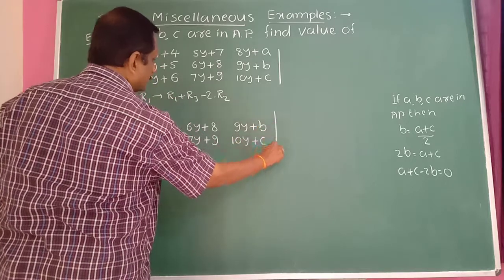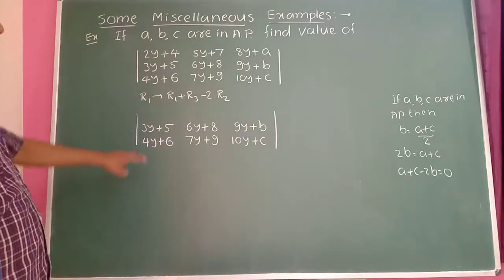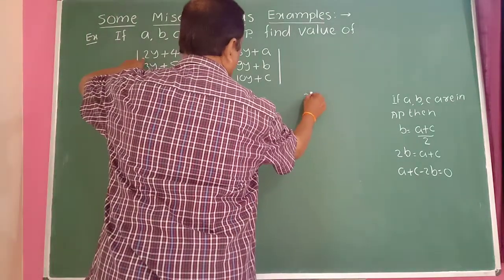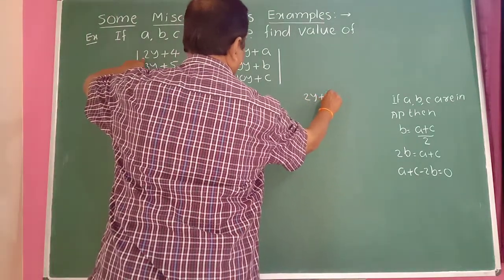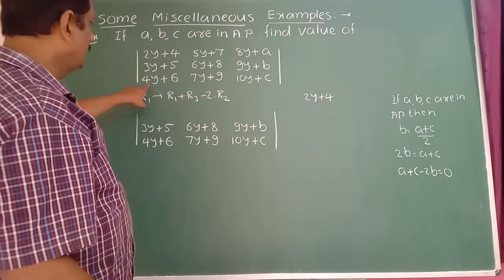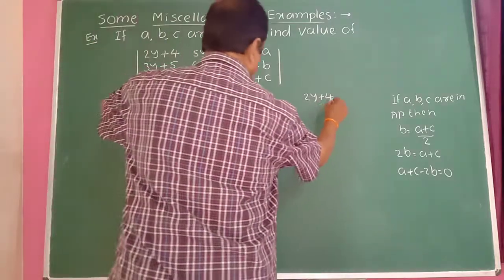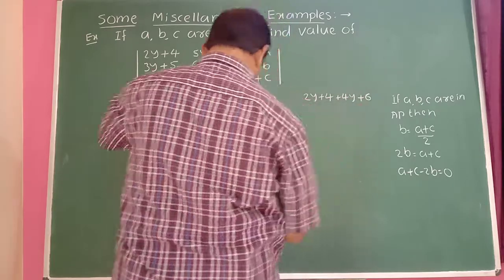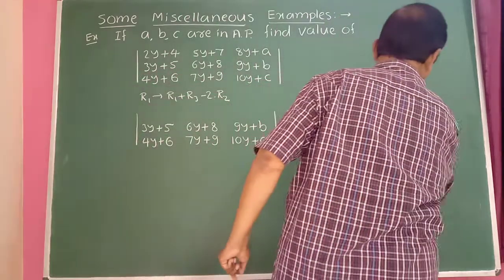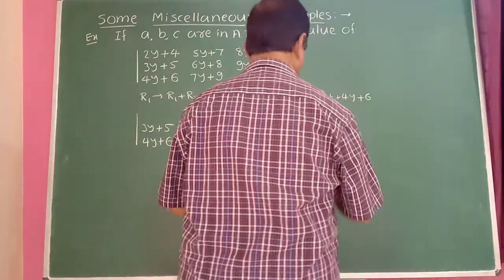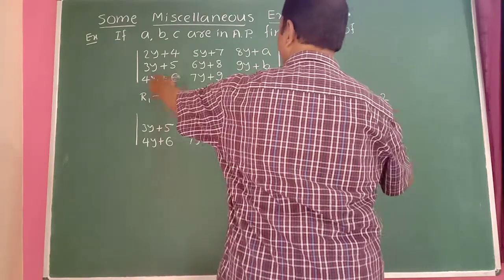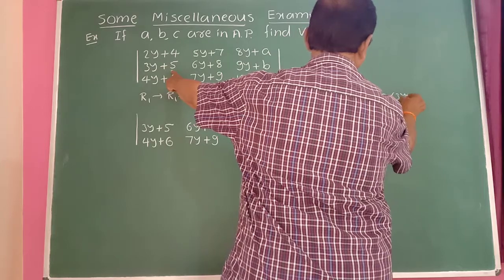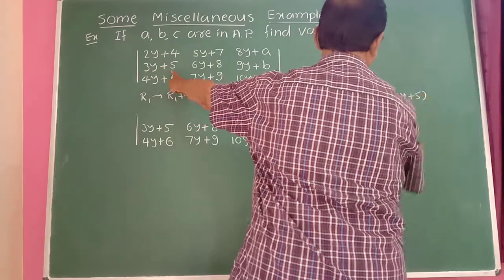Adding here, 2y plus 4y plus 4y plus 6 plus 4y plus 6, then minus 2 into this term 3y plus 5.